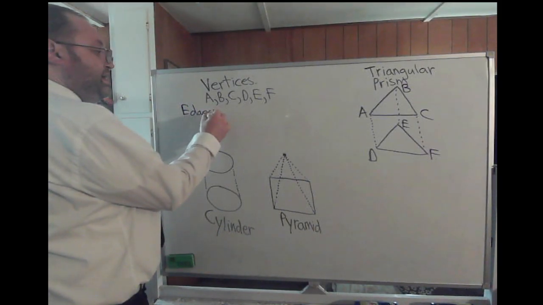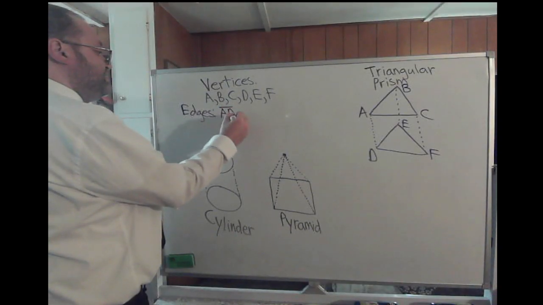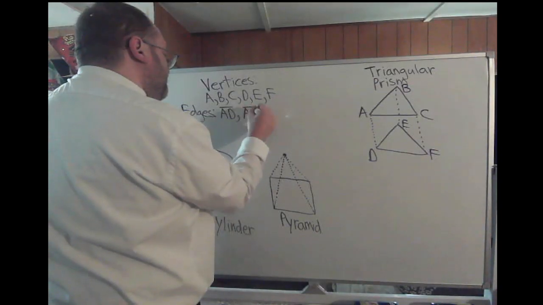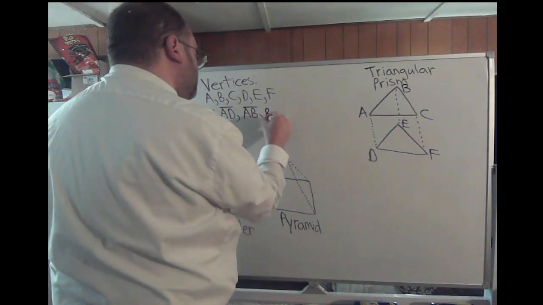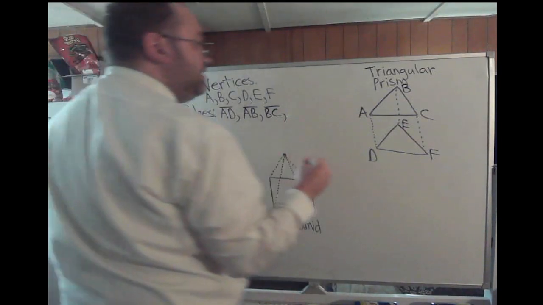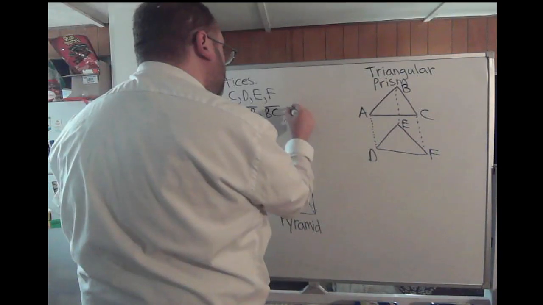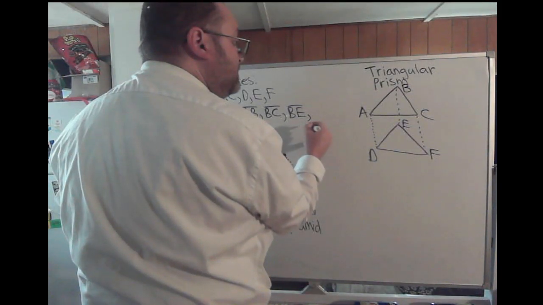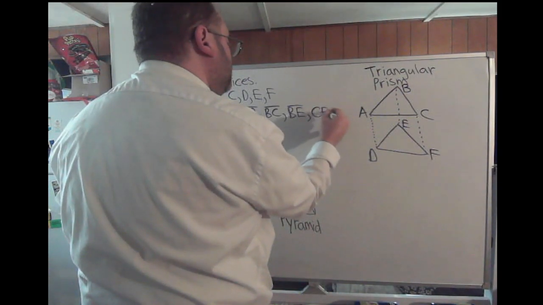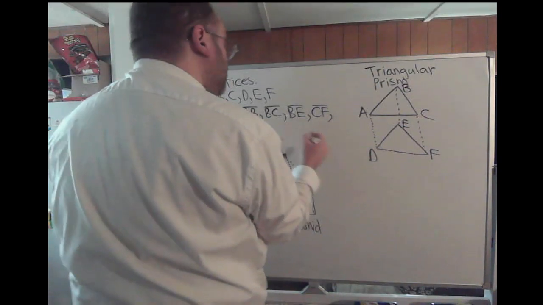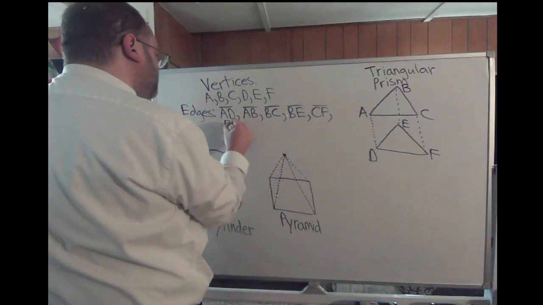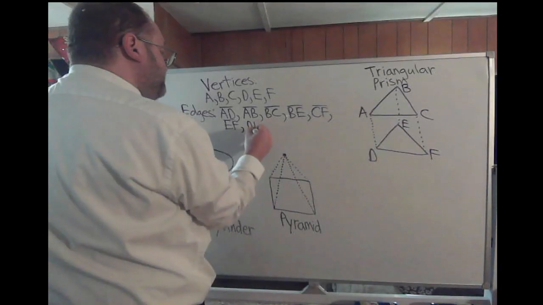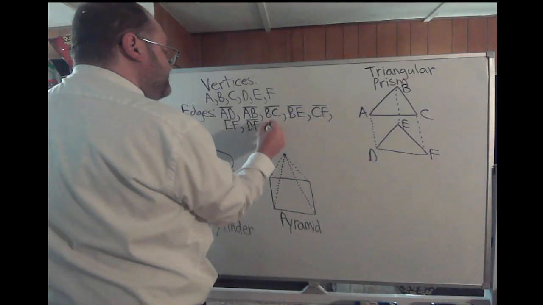We have edges AD, which we put the line segment symbol above. We have AB, BC, BE, CF, EF, DF, DE.